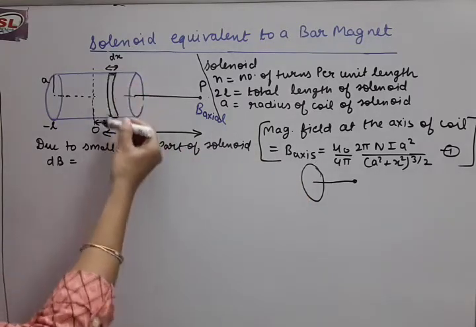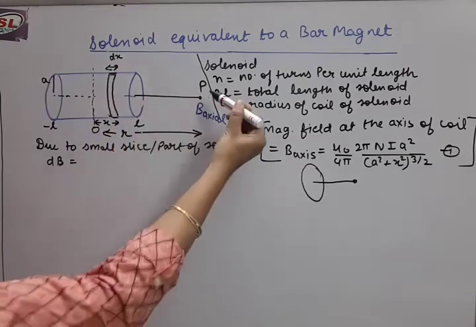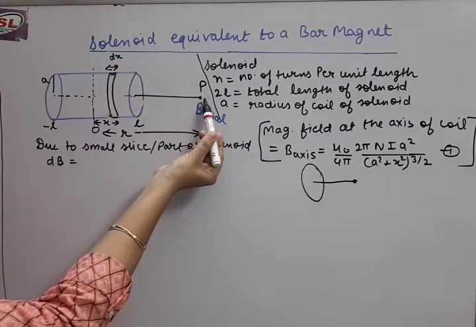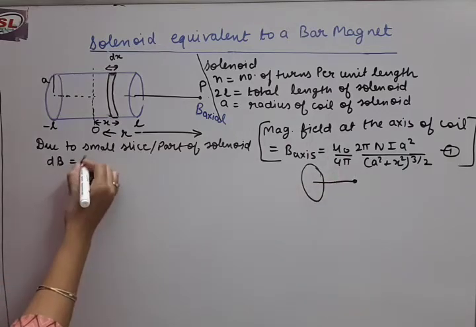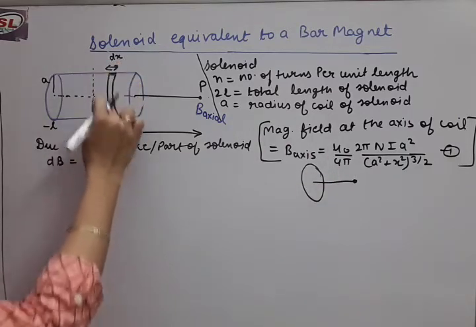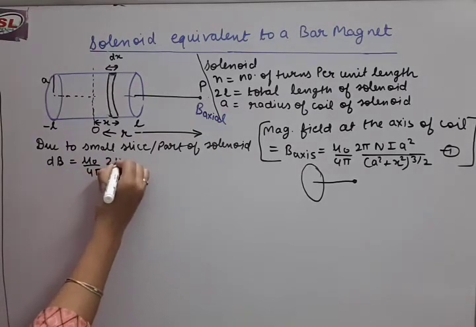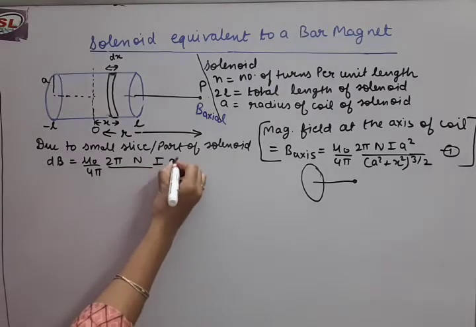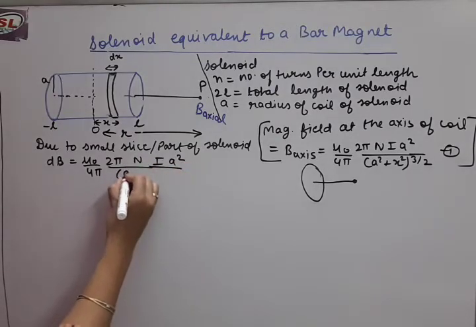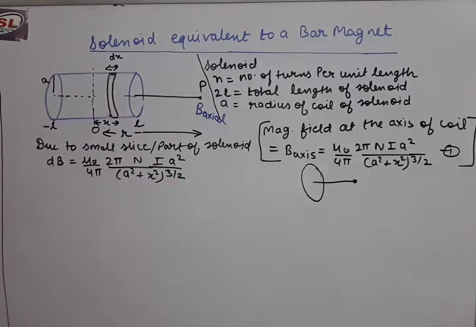It is only a small ring, and due to that ring we have to find the magnetic field B at its axis. So the case is similar. Due to this small part, dB is mu 0 upon 4 pi times 2 pi n I a square upon (a square plus x square) power 3 by 2.